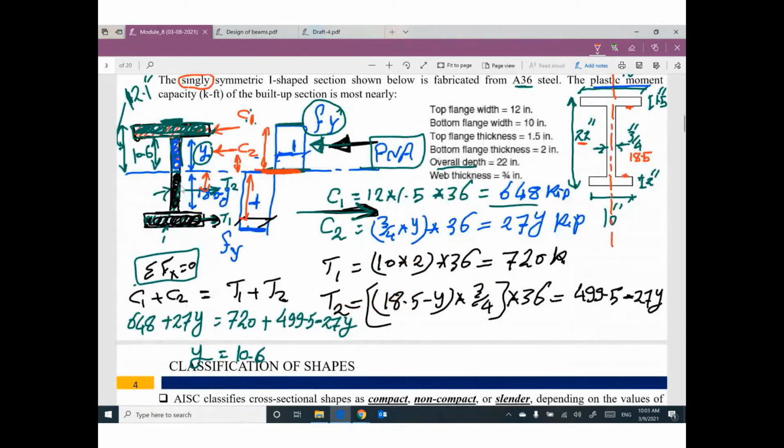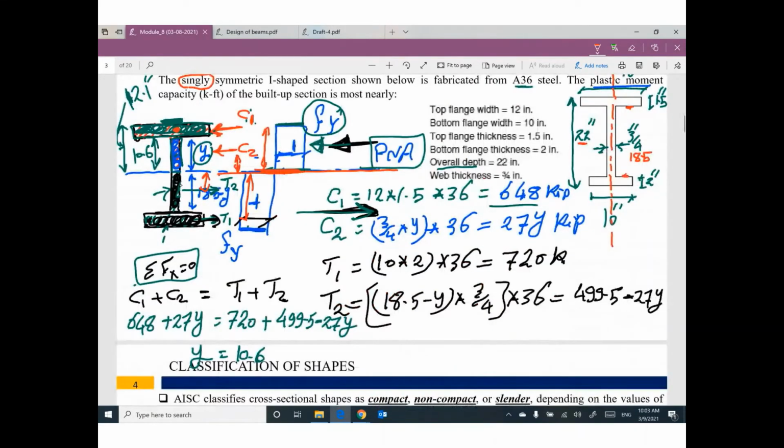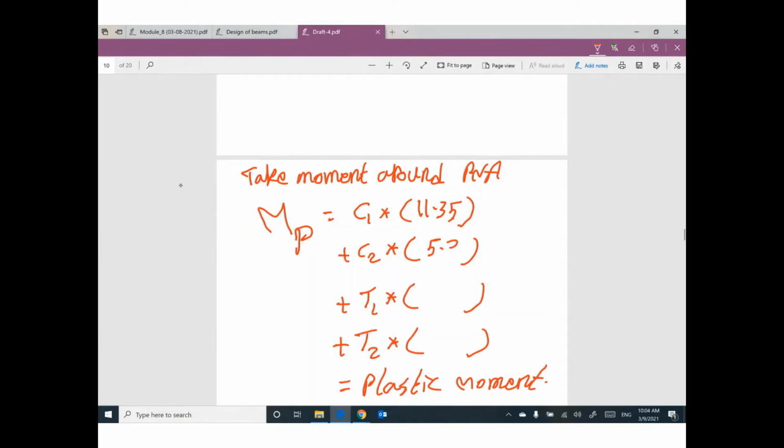Can anybody tell me the distance between C1, at the centroid of the top flange, and the plastic neutral axis? It will be 10.6 plus 0.75. This distance will be 11.35. What is the distance between C2, which is at the centroid of the web under compression, and the plastic neutral axis? It will be half of 10.6, which is 5.3.